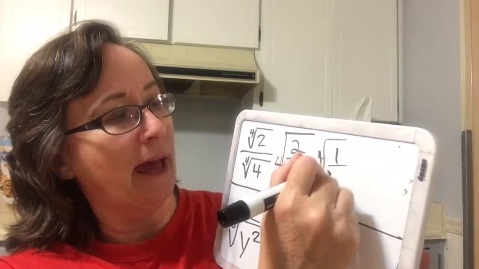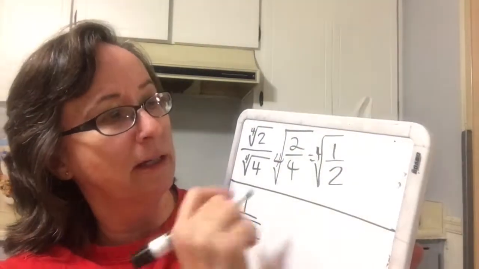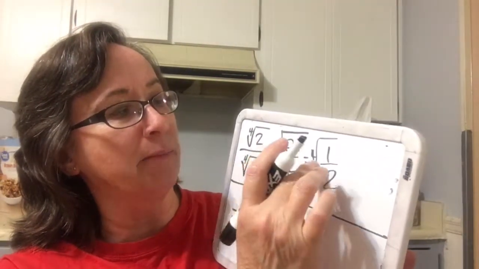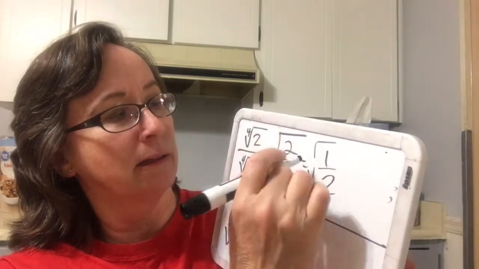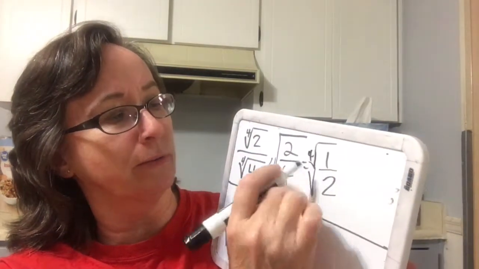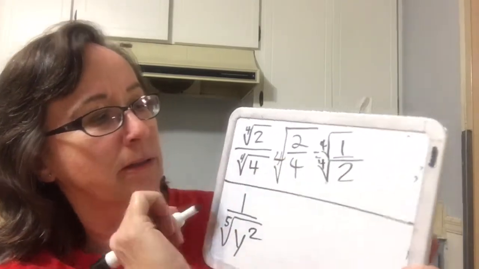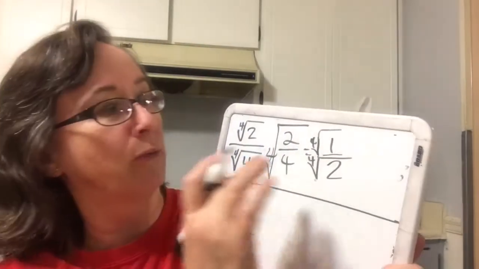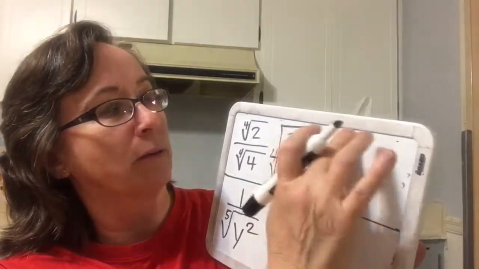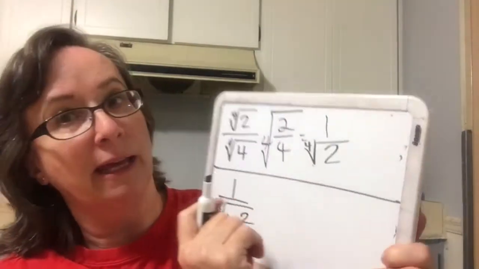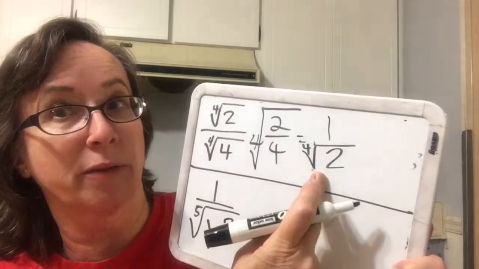And 1/2, 4th root of 1/2, which is the same thing as the 4th root over the 4th root. So now I'm putting it back in 2 separate 4th roots. And then, of course, the 4th root of 1 is just 1. So we'll make that a 1 upstairs. And now we're talking 4th roots.